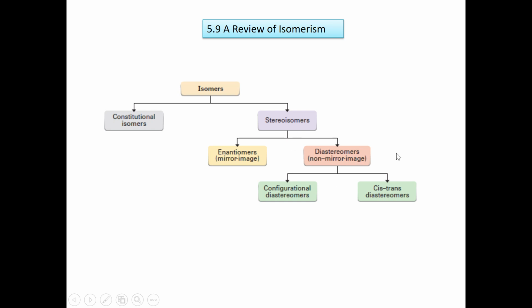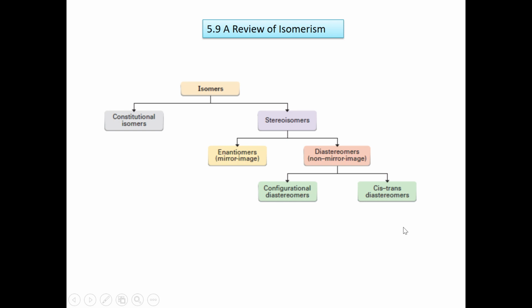Or they can be diastereomers when we have 2 or more chiral centers with at least one chiral center the same and at least one chiral center different. Okay, also we can have configurational diastereomers, that is what I said. And also we have to remember that we can have diastereomers that are cis-trans.